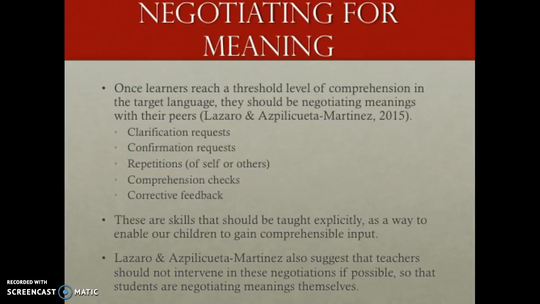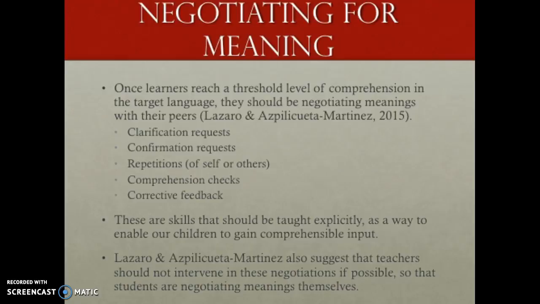Language learners also negotiate for meaning. Once learners reach a threshold level of comprehension in the target language, they should be negotiating for meanings with each other, both with their peers that are native speaking and their peers that are fellow English language learners.